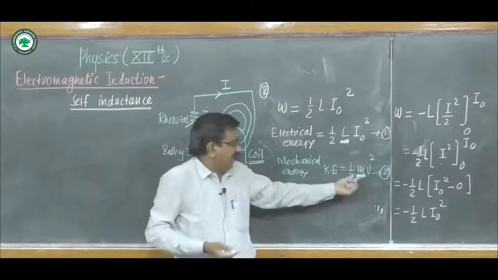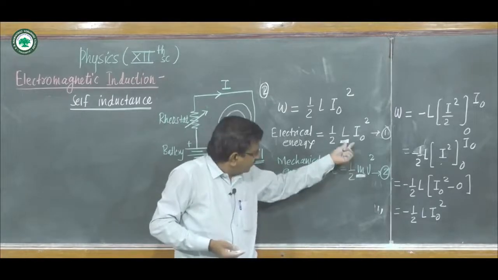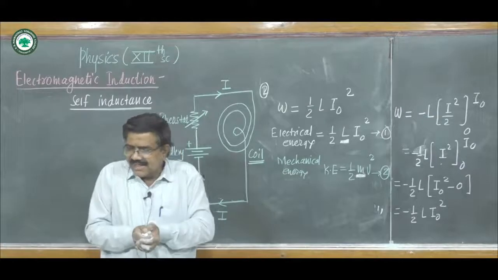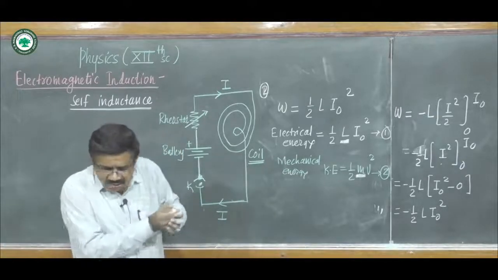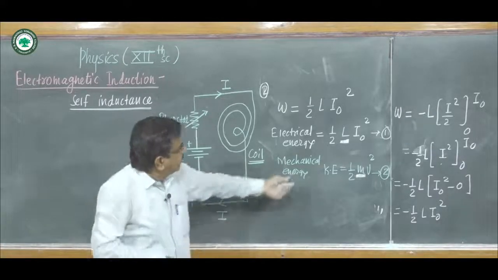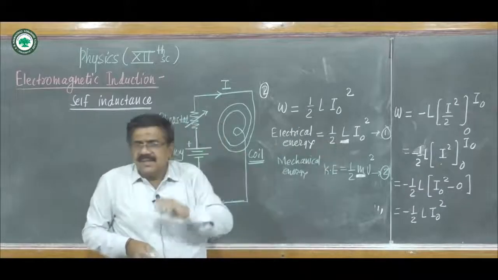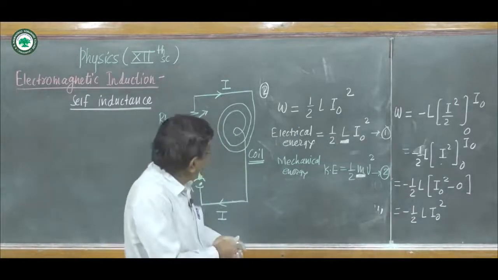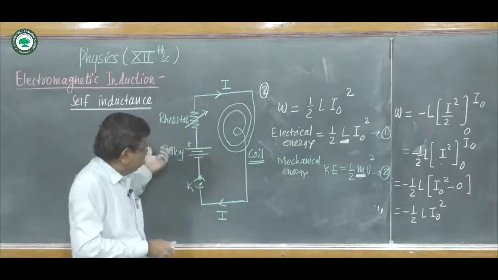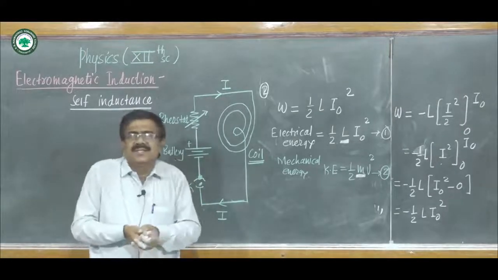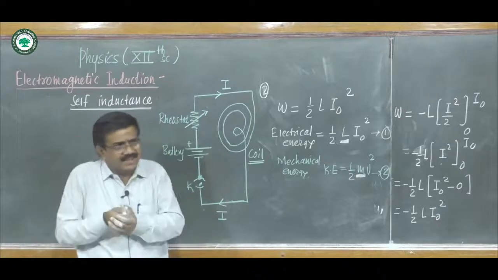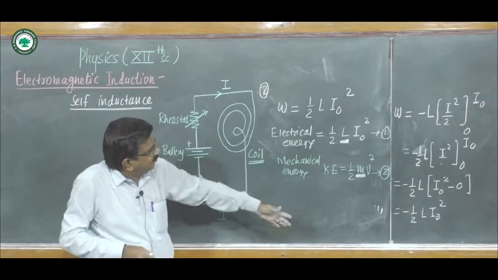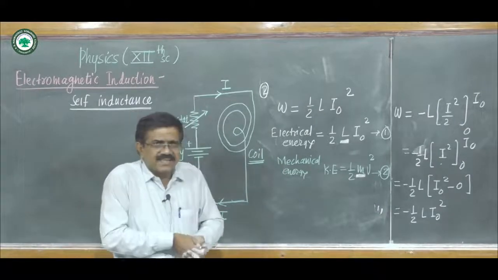Mass is the inertia in mechanics, self inductance is the inertia here, and this self inductance of an electrical circuit represents the electrical inertia. So this is about the self inductance, its unit, dimensions, and we can define the self inductance in these different ways.